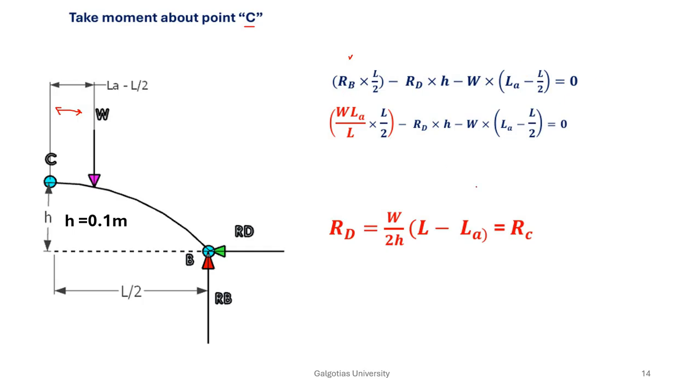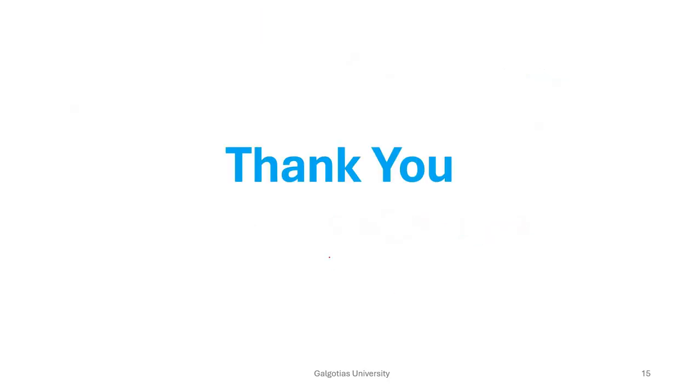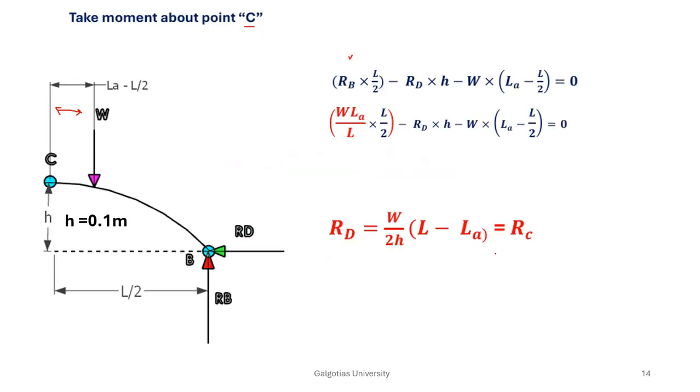So equate this to 0 and finally you get RD equal to RC equal to W by 2H into (L minus LA). So this is what you have for RC or RD. This is how we derive the horizontal reactions.